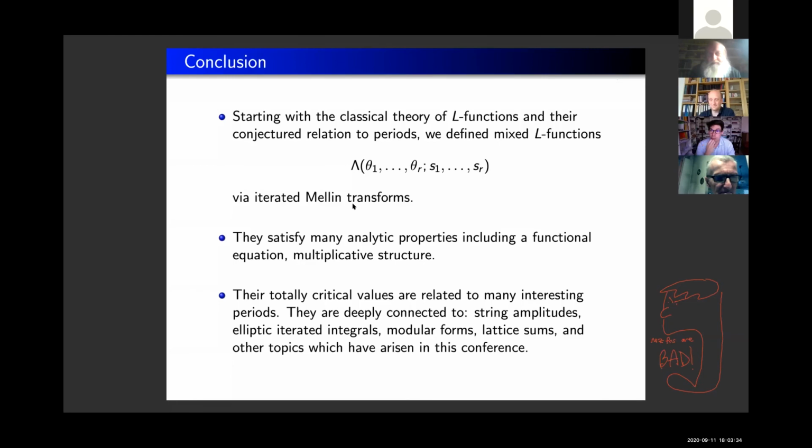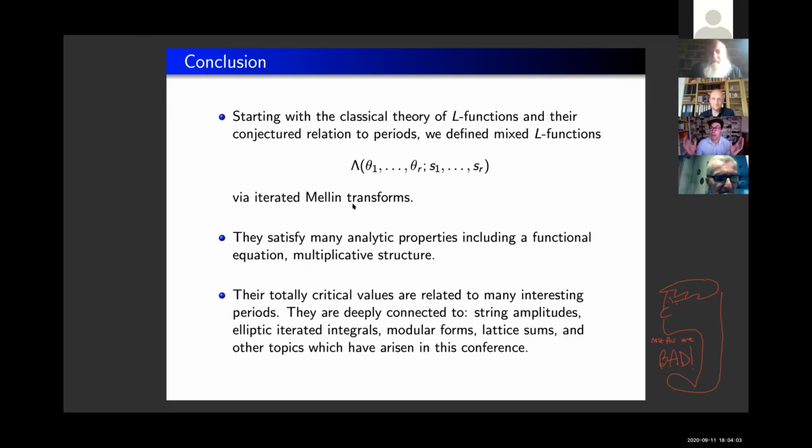But let me enhance your question and say, well, you could say to me very fairly, what happened to the non-critical L values in the case R equals 1? Because there's Beilinson's conjecture. I can't just throw it away. And it turns out that those non-critical values in all these cases show up as totally critical values of a double L function.